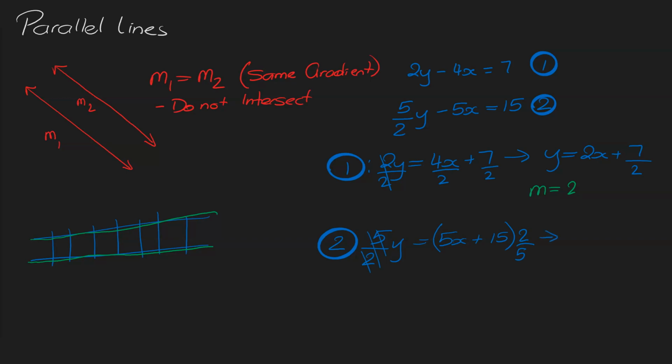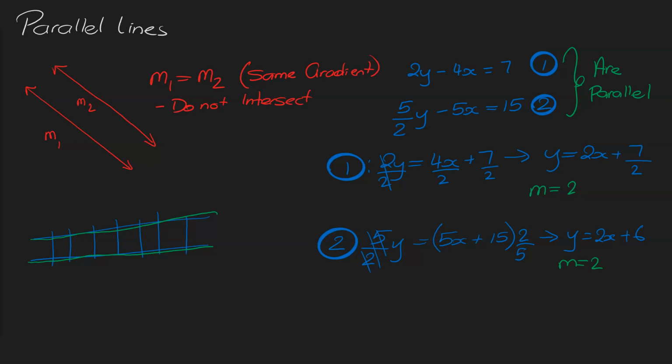So 2 times 5 is 10, 10 divided by 5 is 2x, then 15 times 2 is 30, 30 divided by 5 is 6. The gradient for this is also 2. Therefore we have just proved that these two lines are parallel. You just have to determine whether the gradients of both equations are exactly the same.